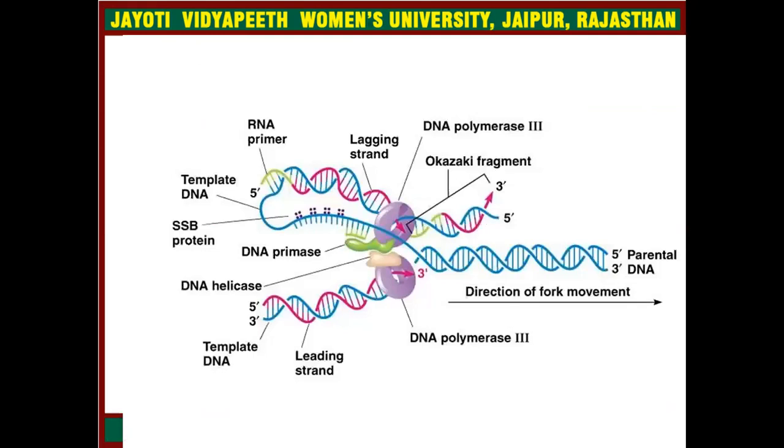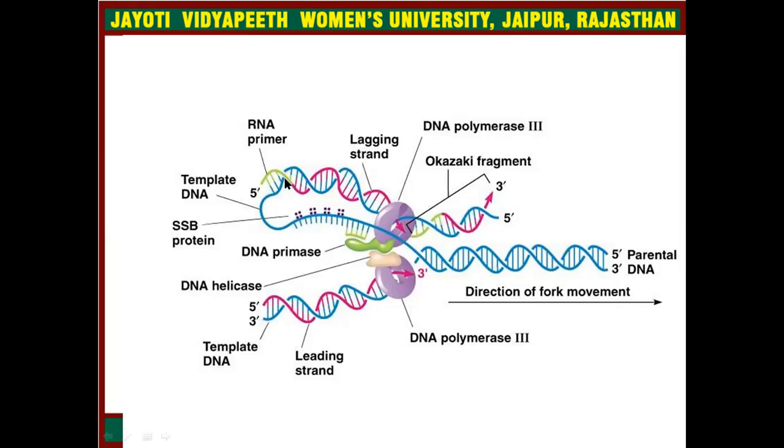Here you can see the flow diagram of the DNA replication process. This is parental DNA, and first of all the primosome is created at the origin of replication. This green color is the RNA primer. It is a short strand of RNA, and it helps in starting the replication process.